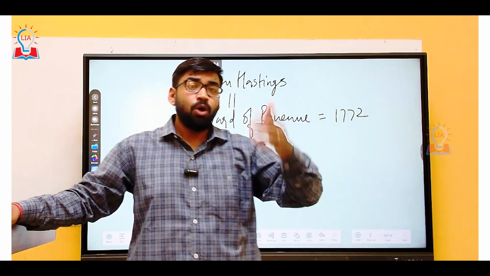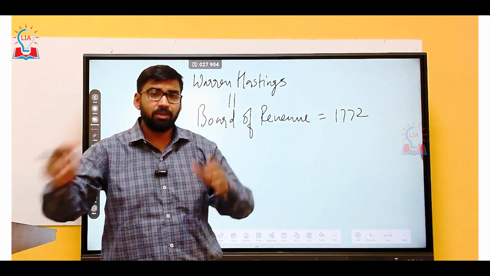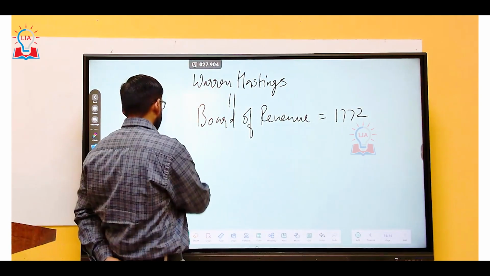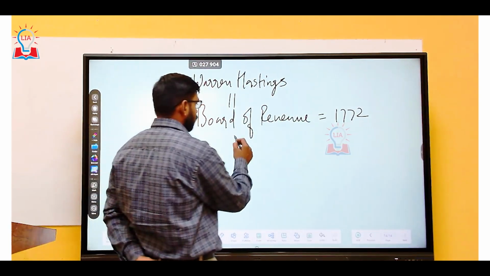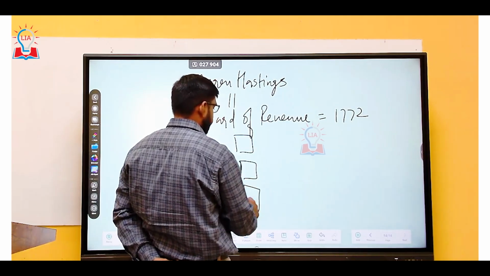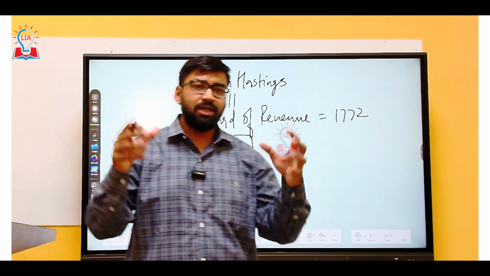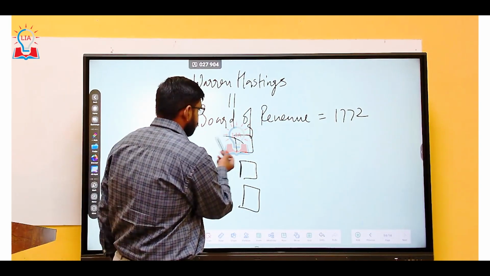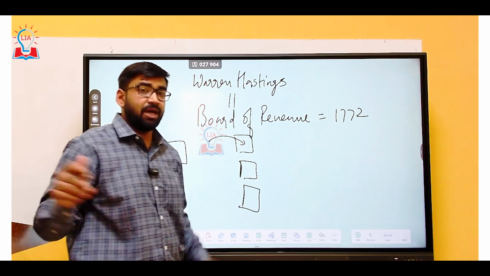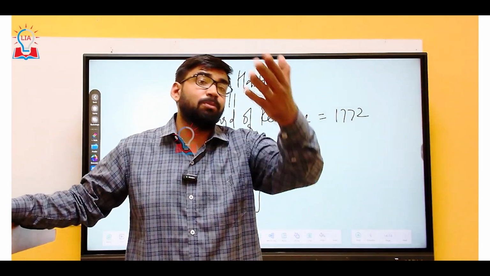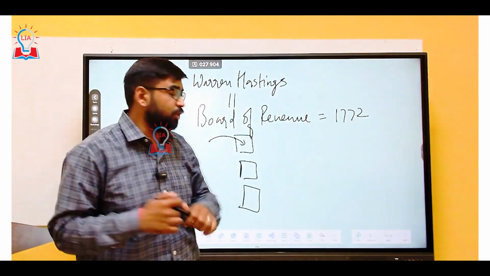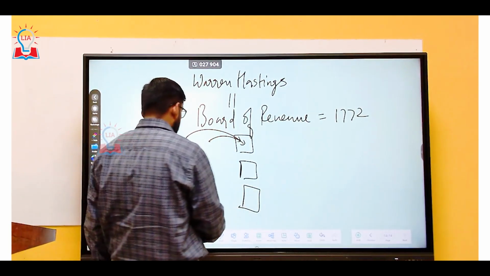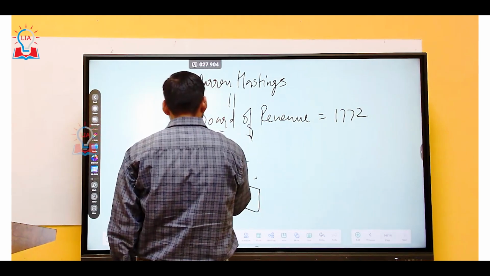That means auctioning was started. Suppose this is Warren Hastings and he calls some big zamindars or big Indian personalities. Suppose this person said that I will collect the highest amount of revenue for you. So the right of revenue collection will be given to him. Getting my point? So the auction was started.